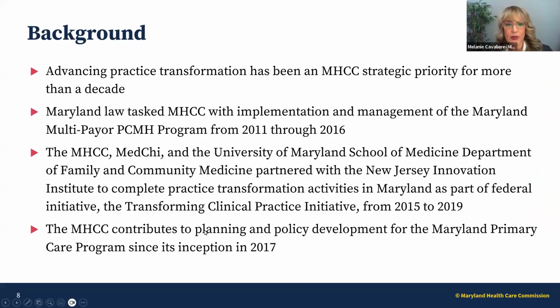Advancing practice transformation has been an MHCC strategic priority for more than a decade. Maryland law tasked MHCC with implementation and management of the Maryland multi-payer PCMH program from 2011 through 2016.